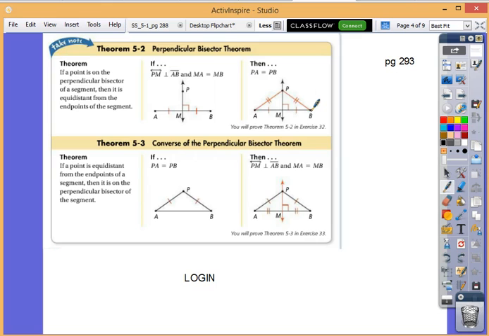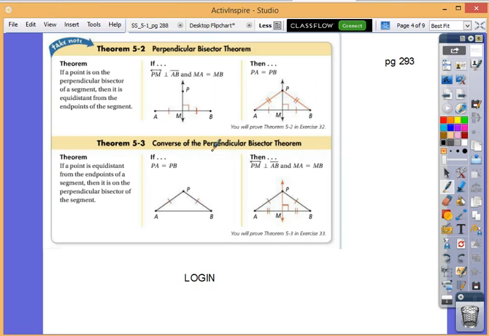I'll illustrate what that means in a second. And then we've got the converse of the perpendicular bisector theorem, where if you have a point that's equidistant from the endpoints and you draw the distance from this point to the line, that distance is the perpendicular bisector.